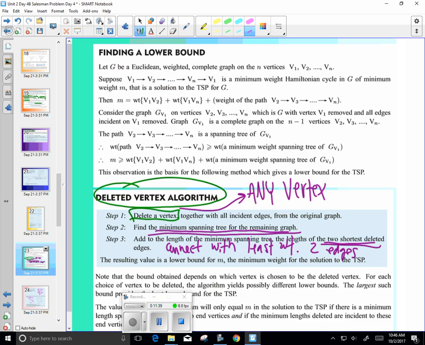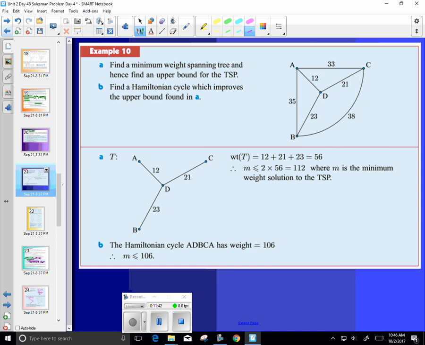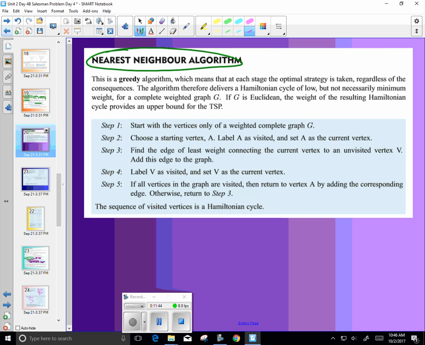Then the last one, and I skipped it because I think that those tie together real well, is the nearest neighbor algorithm. This is one that is kind of the most obvious. Start with a vertex only of a weighted complete graph. So we start with any given point. Start with A, for example. And then once you've seen that, just mark it as visited.